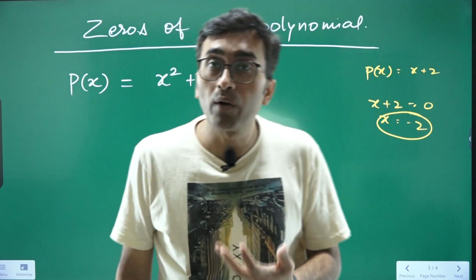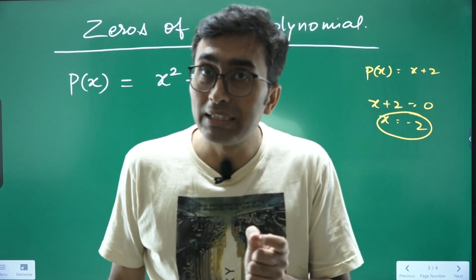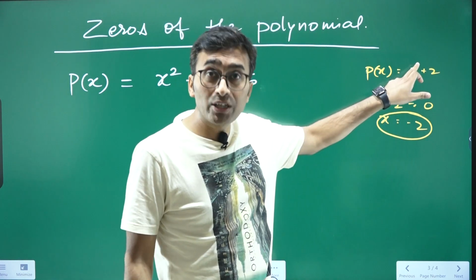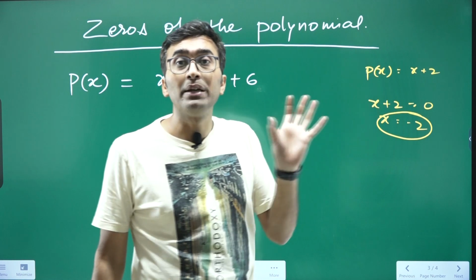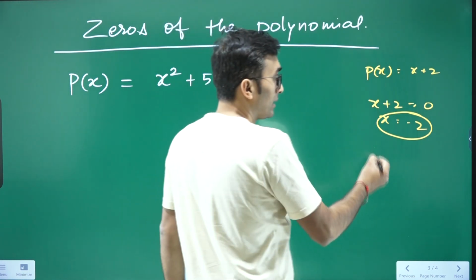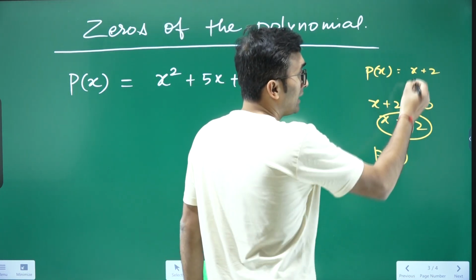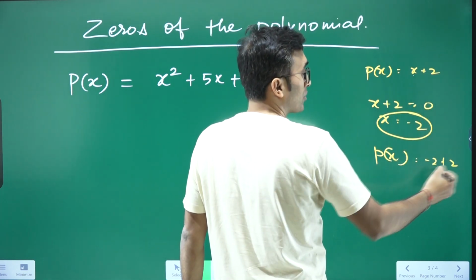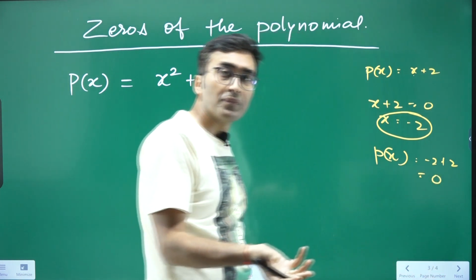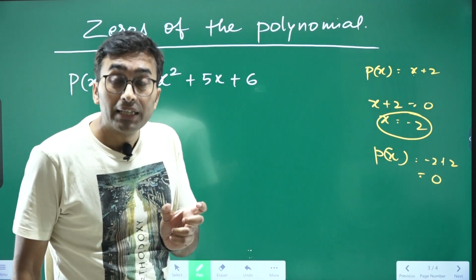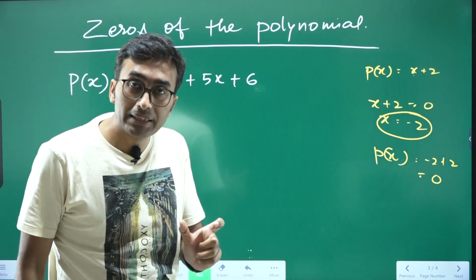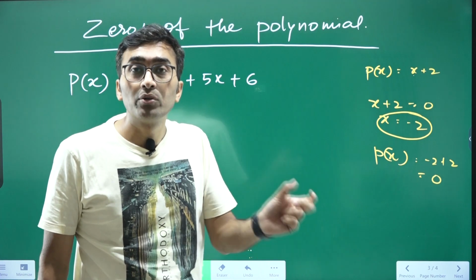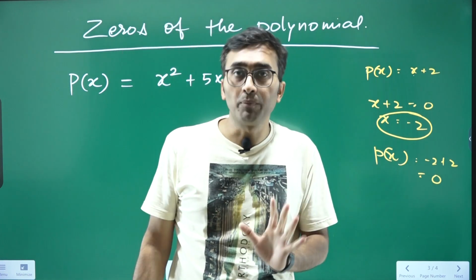Because if I substitute this value of x back into the polynomial, x plus 2 with x as negative 2, it is going to be 0. So the value of x which makes the polynomial completely 0 is called the zero of the polynomial.